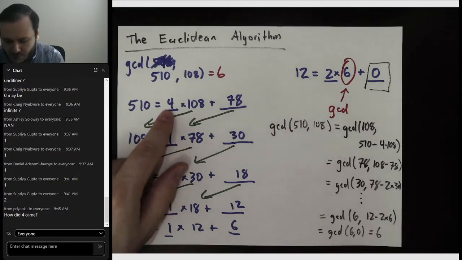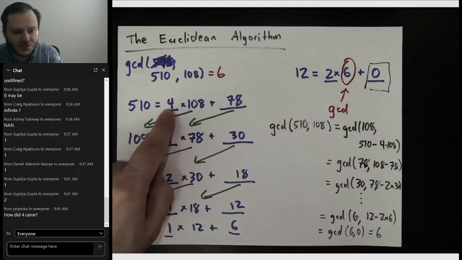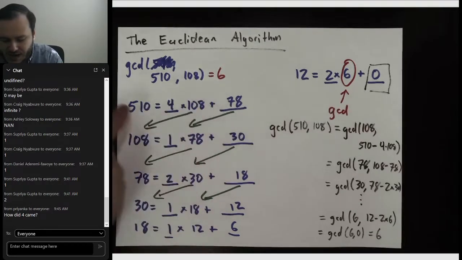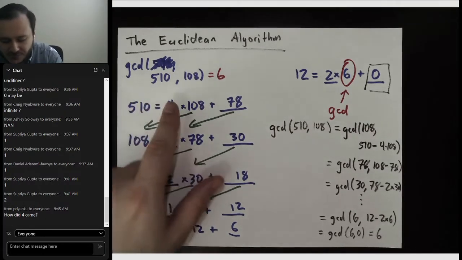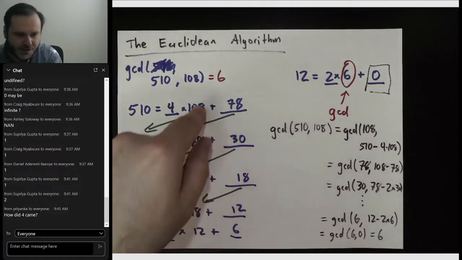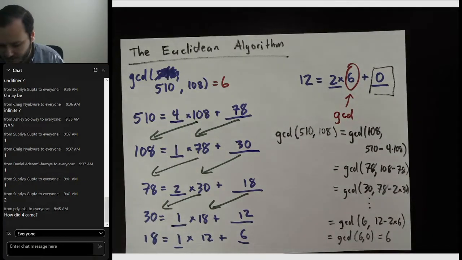Where did this 4 come from? This comes from the division algorithm. How many times does 108 go into 510? 4 with a remainder of 78. 4 is the largest number of 108s I can fit in.